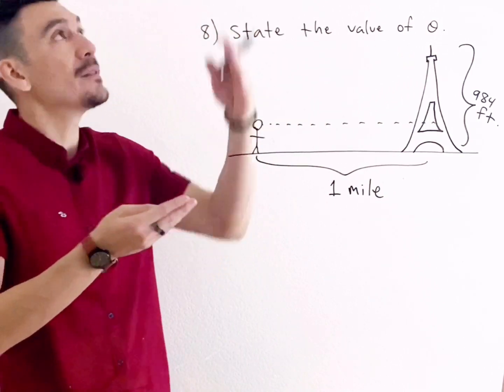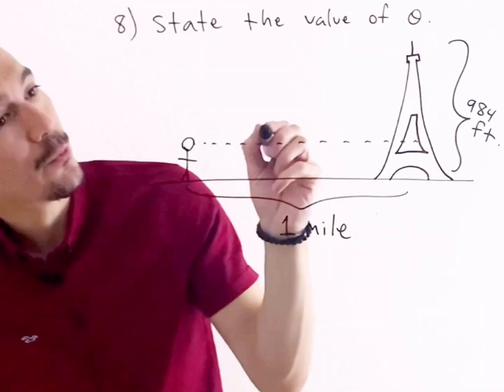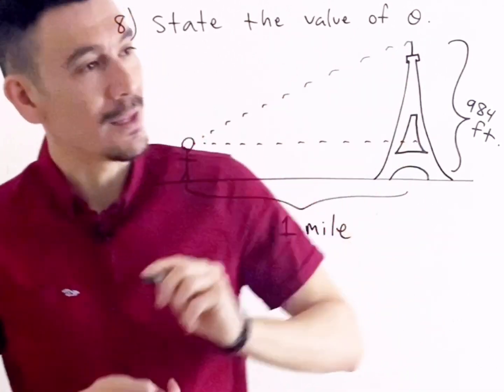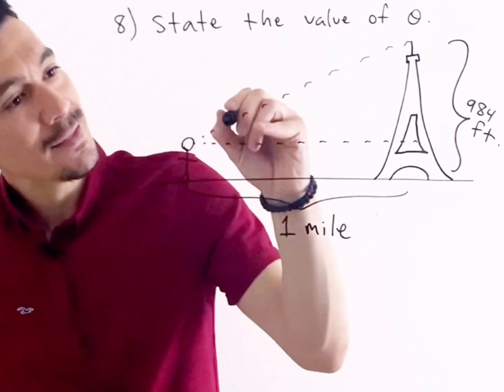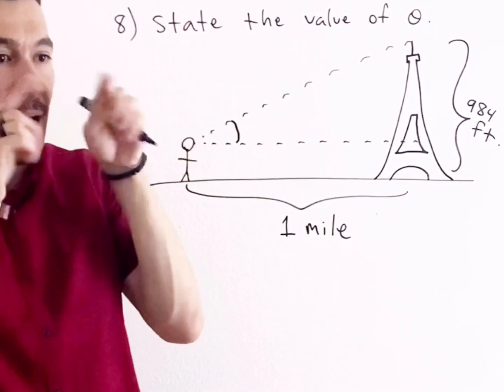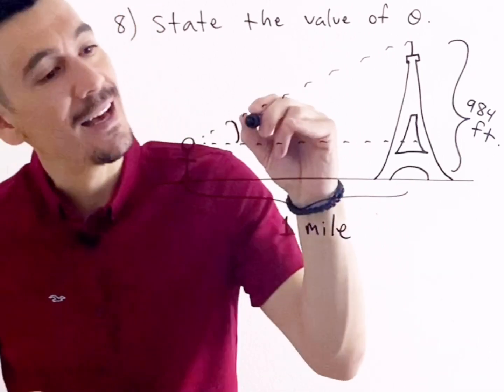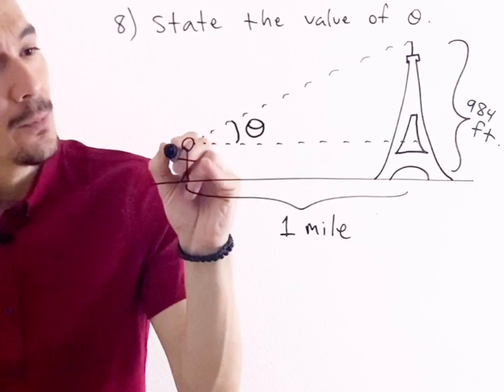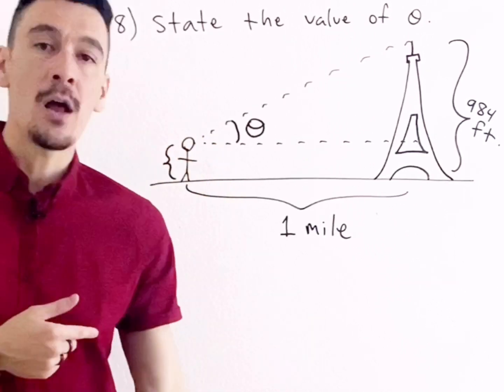But you want to look at the very top of the tower. So really, your eyeballs are looking up there, okay? And this here, this is called the angle of elevation because your eyes are elevating up toward the sky. Let's call that theta.